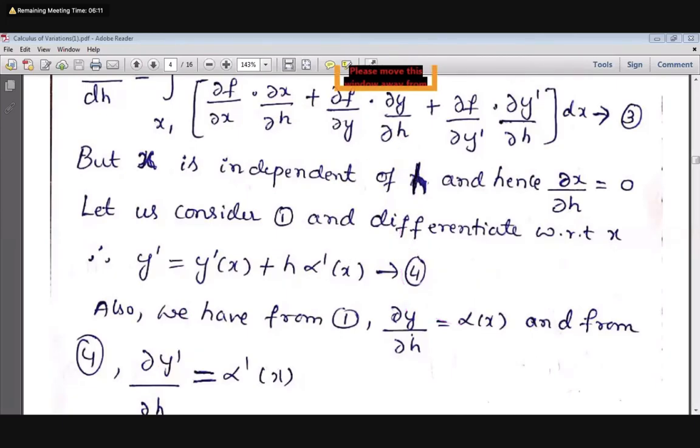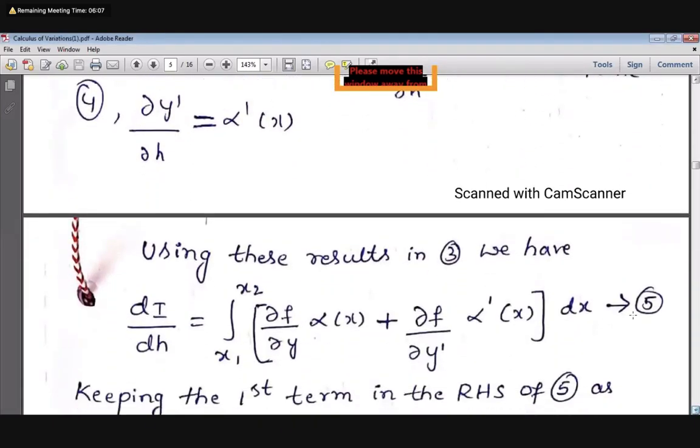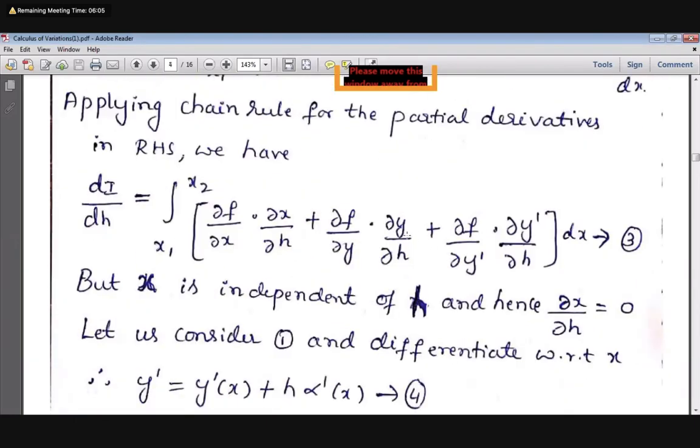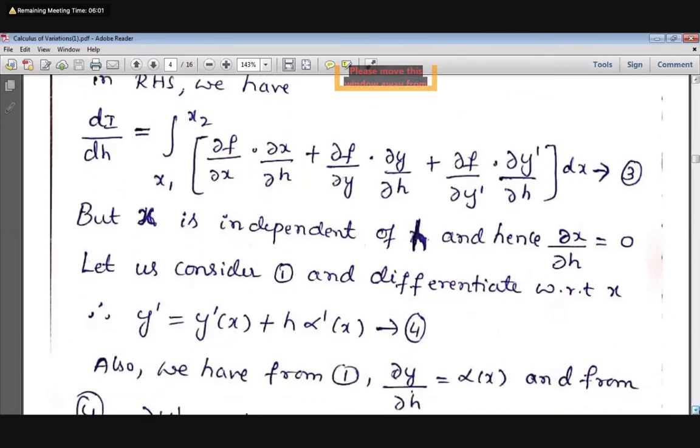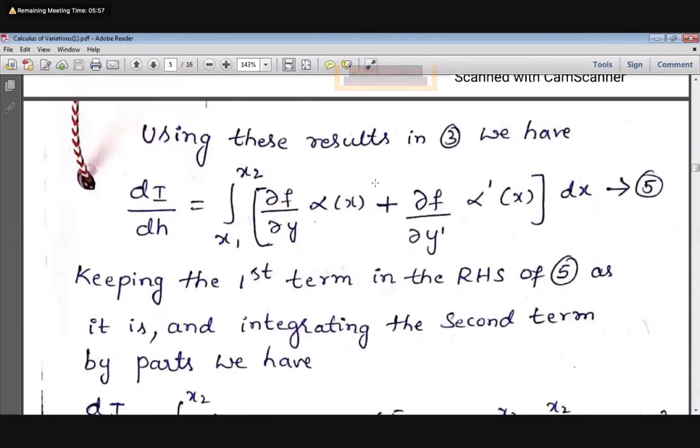Now substitute these two values here: ∂y/∂h as alpha of x, and ∂y'/∂h as alpha' of x. Call this equation 5.